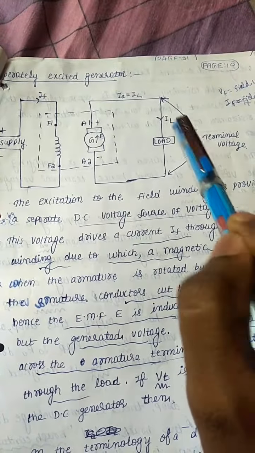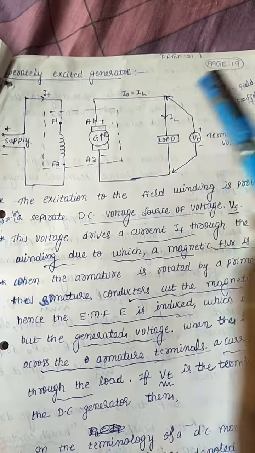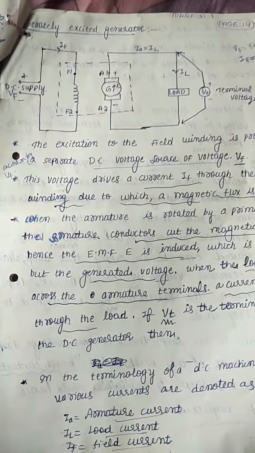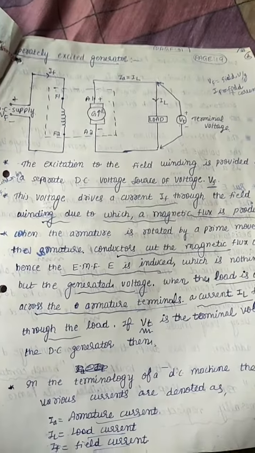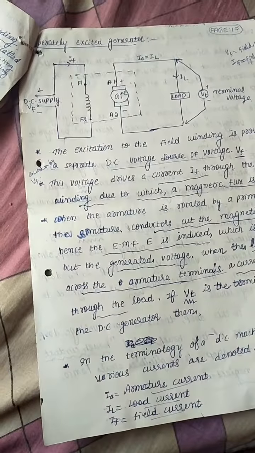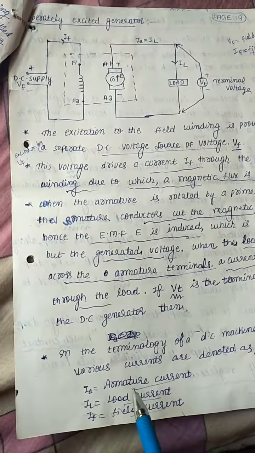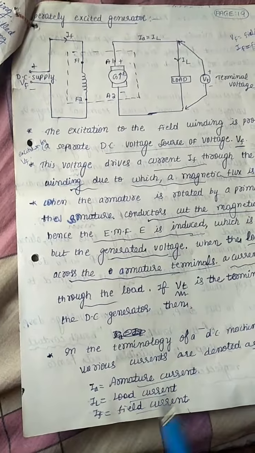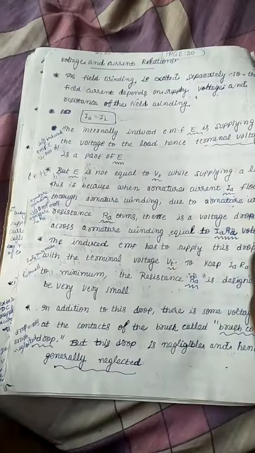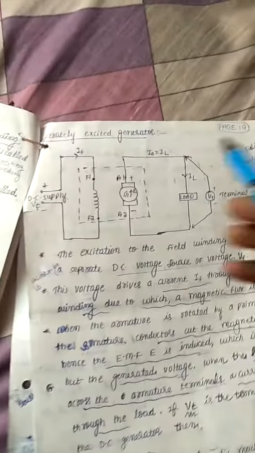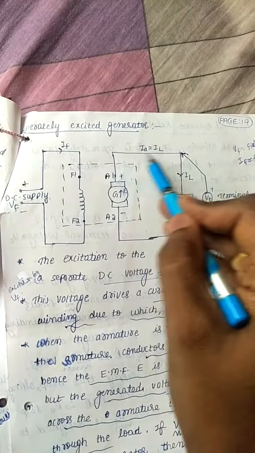Vt is the terminal voltage measured across the load. That's what I have written here: Ia is armature current, IL is load current, IF is field current. So from this diagram I can tell that armature current is equal to load current, Ia is equal to IL.